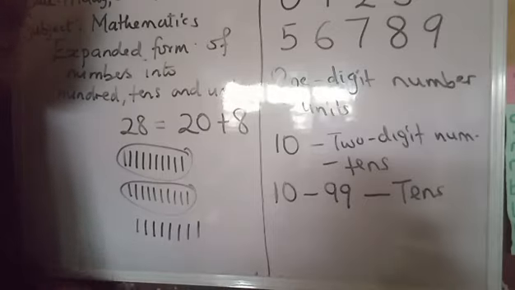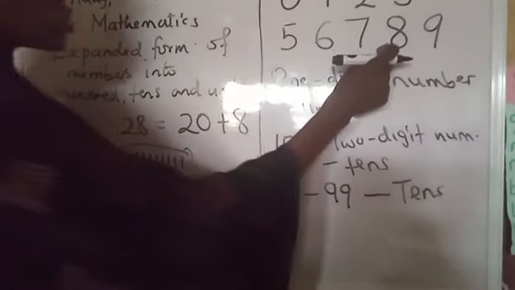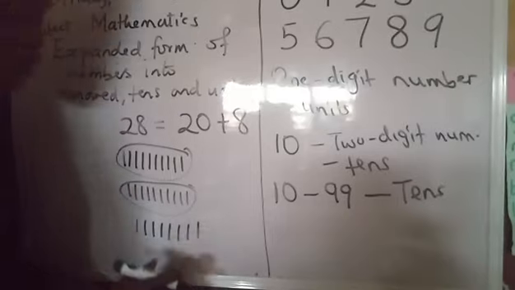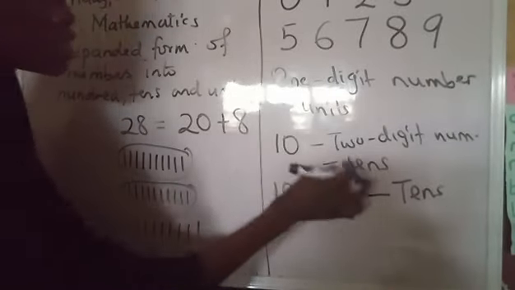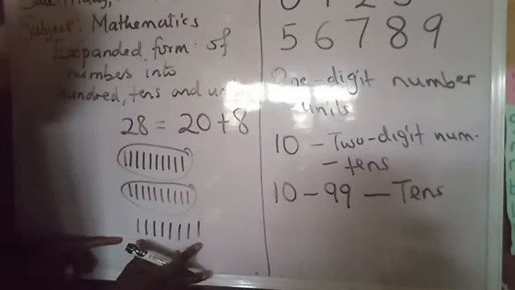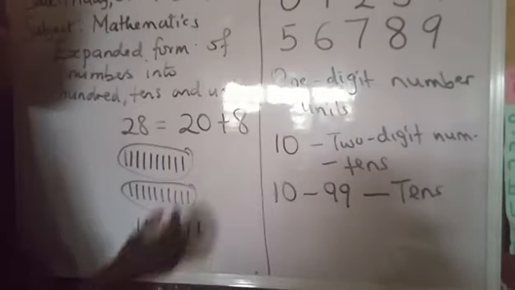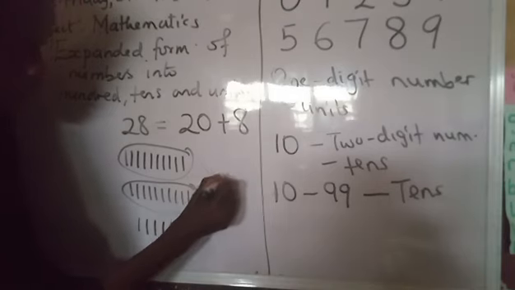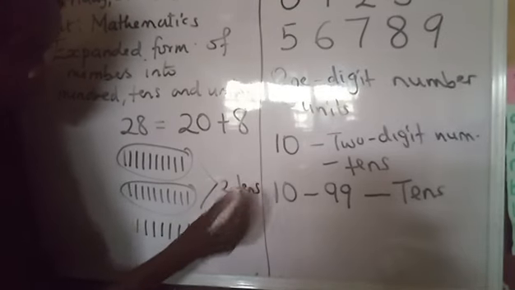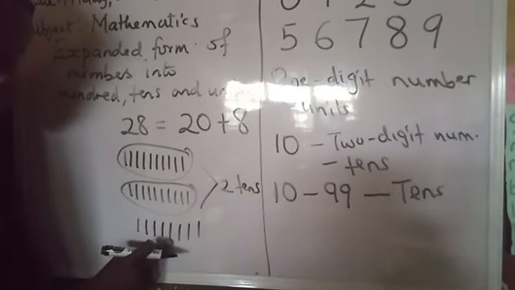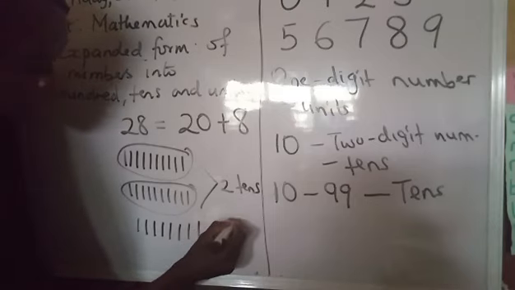So automatically we have a number that belongs to the what? Units. If we get to tens, that means we are still in the group of tens. But because we have a particular number that is not up to 10, automatically we have two tens. And how many units? 1, 2, 3, 4, 5, 6, 7, 8. 8 units.